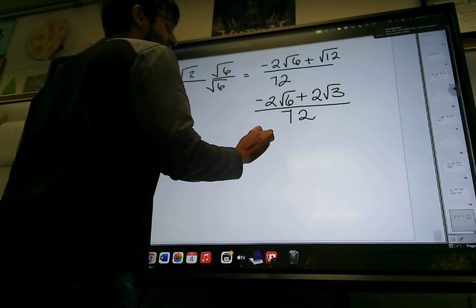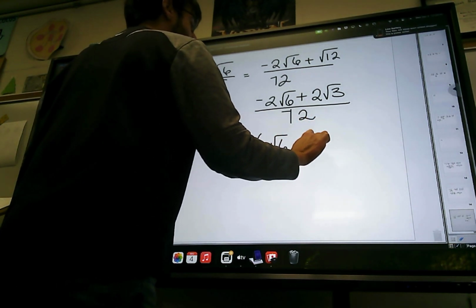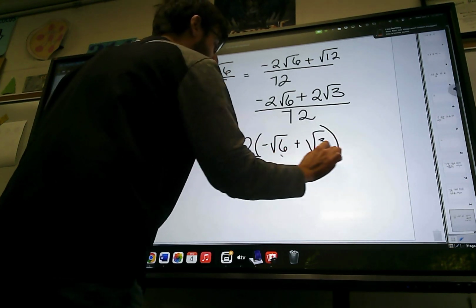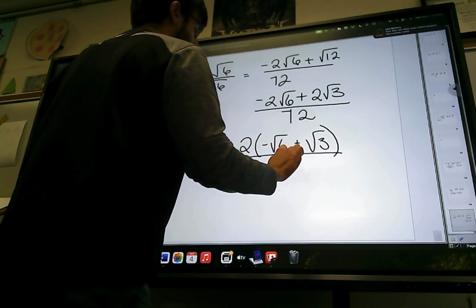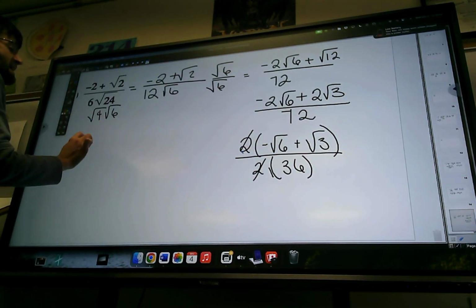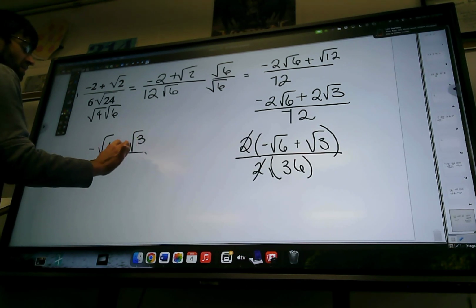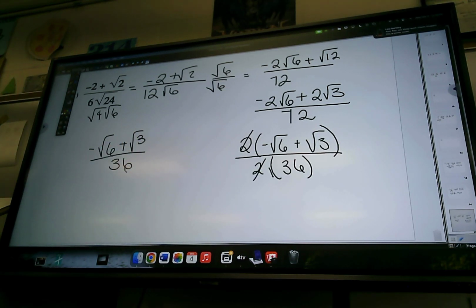So that is 2 times negative square root of 6 plus the square root of 3 over 2 times 36. Those can cancel. So my final answer is negative square root of 6 plus the square root of 3 all over 36. Question.